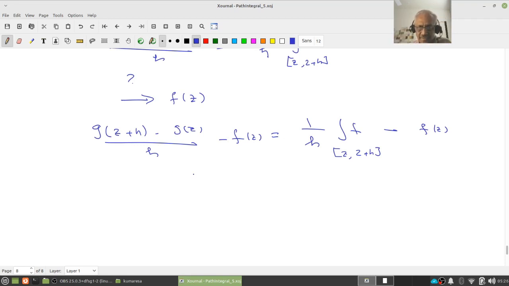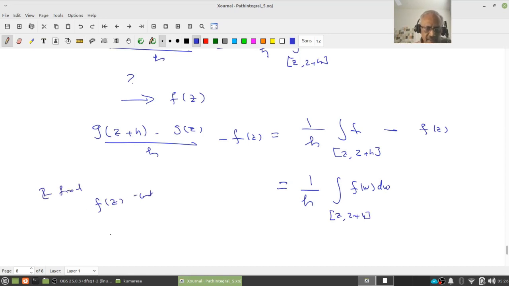The trick here, because I'm going to use the trick: let me just use a variable now. This is the integral of f of w dw over the path z to z plus h. Now f of z, remember z is fixed now, is a constant, therefore I can integrate it over z to z plus h. Then what is this?